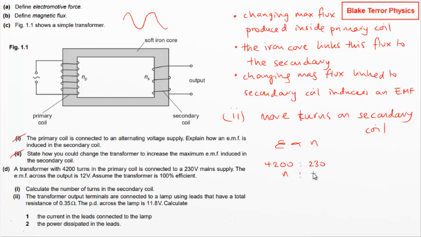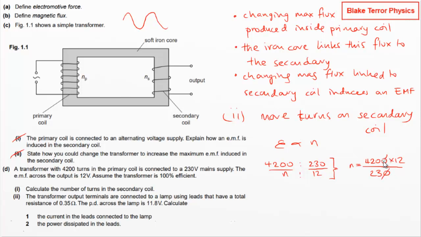So we've got some number there to 12. We just need to turn these into fractions and then solve. So n is going to be equal to 4,200 multiplied by 12 divided by 230.